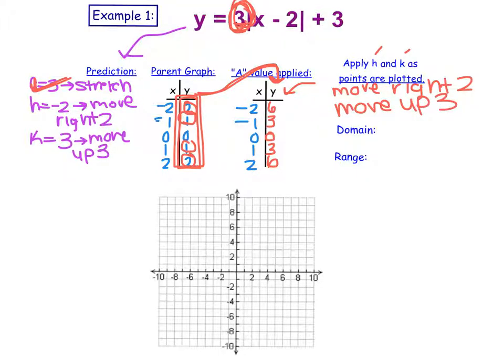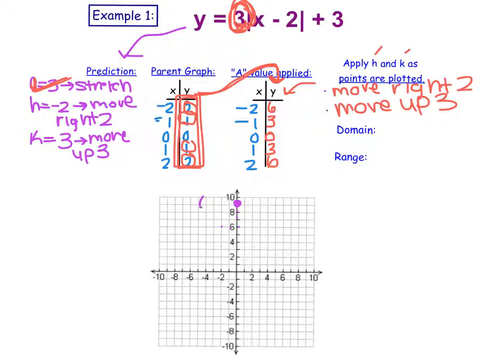So what I mean by this is I'm going to go to my graph, and I'm going to go to x is -2, y is 6. So that's about right there. And before I make a committed plotted point, I'm going to apply these two movements. I'm going to move to the right, 1, 2, and then move up, 1, 2, 3, and plot that point.